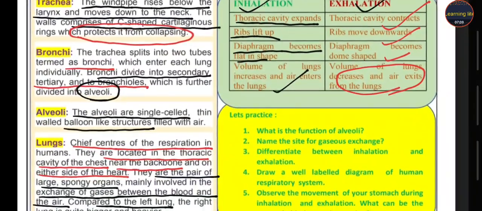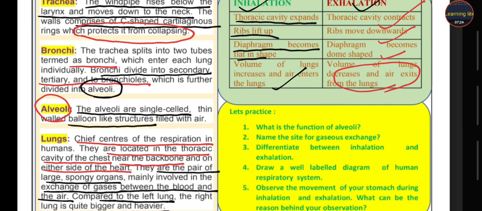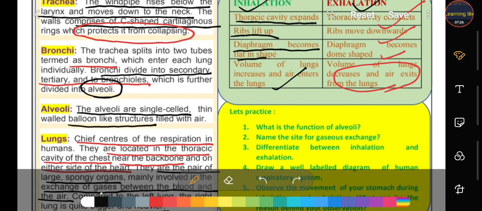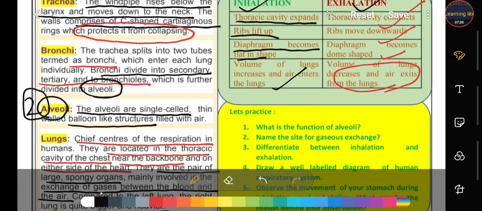Let's practice exercise. What is the function of alveoli? We discussed it earlier, students. What is the function? It increases the surface area for gaseous exchange. Name the site for gaseous exchange. That is also alveoli. So this is your second answer, students. Alveoli.